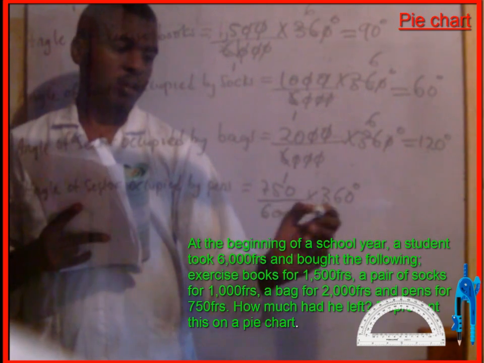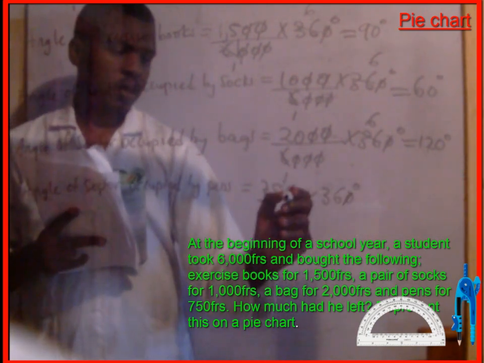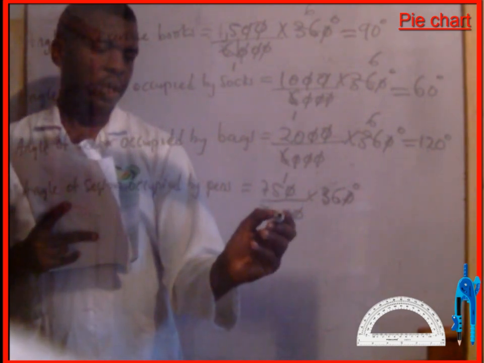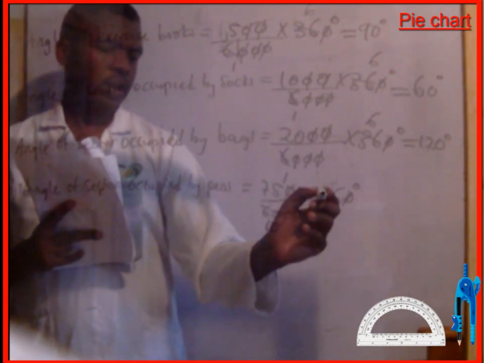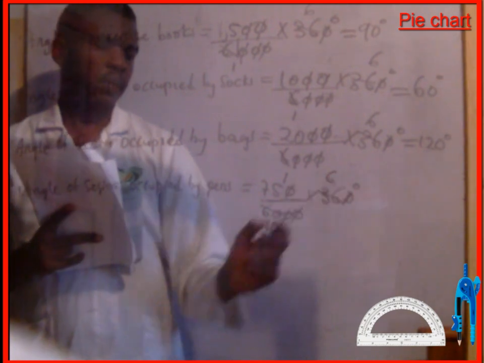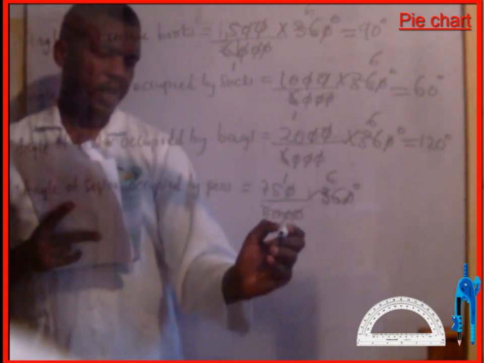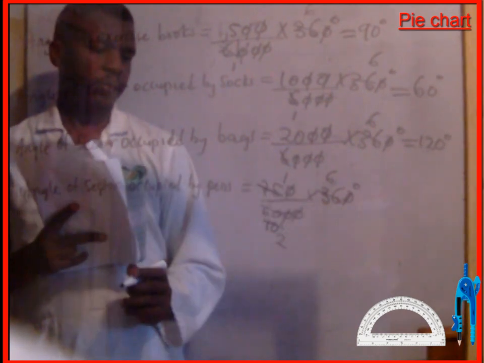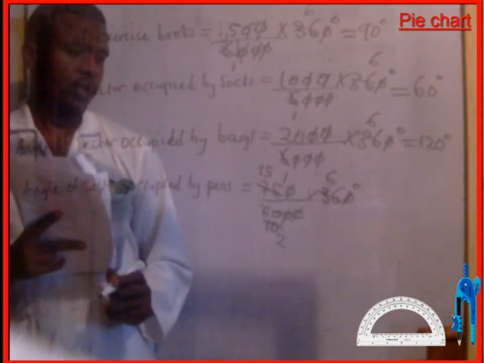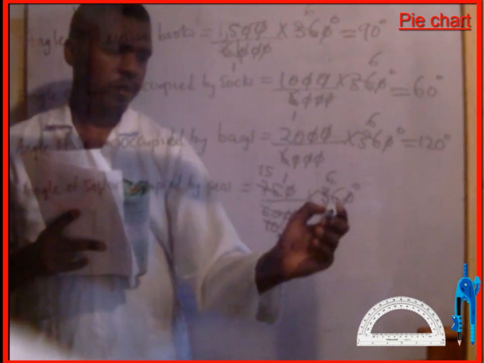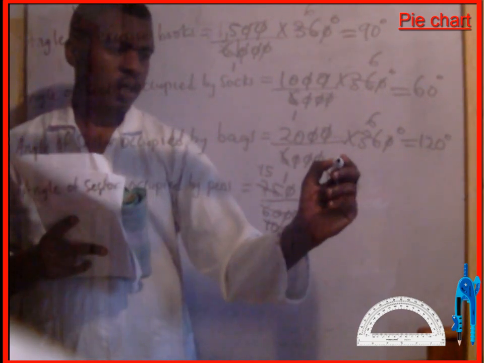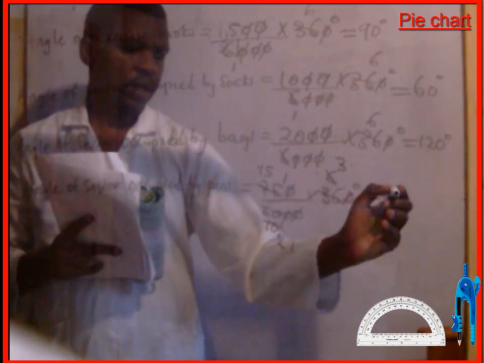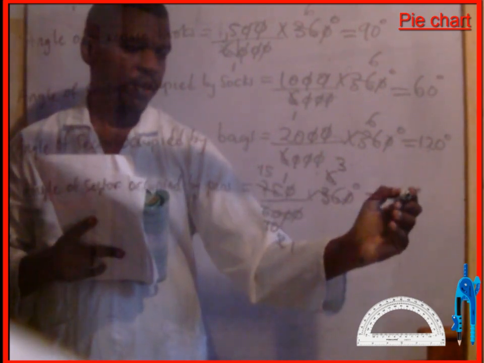So let's simplify this. 6 goes there 10 times, 6 goes there 6 times. 5 goes there 2 times, 5 goes there 15 times. 2 goes there 1 time, 2 goes there 3 times. So this is 15 times 3, which gives us 45 degrees.